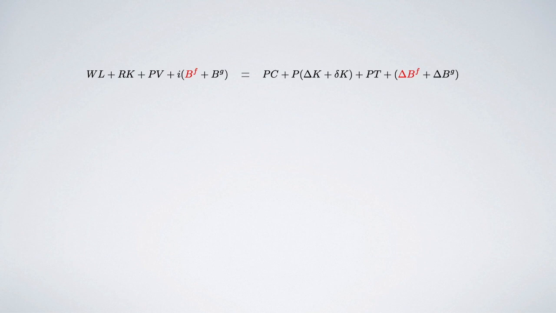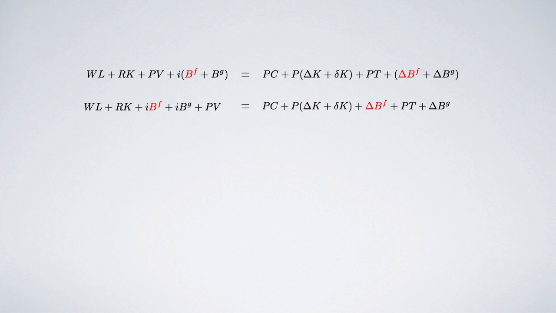If we look at the household in aggregate, then we can move around the household budget constraint to the following equation. This equation simply moves BF out of the original position.